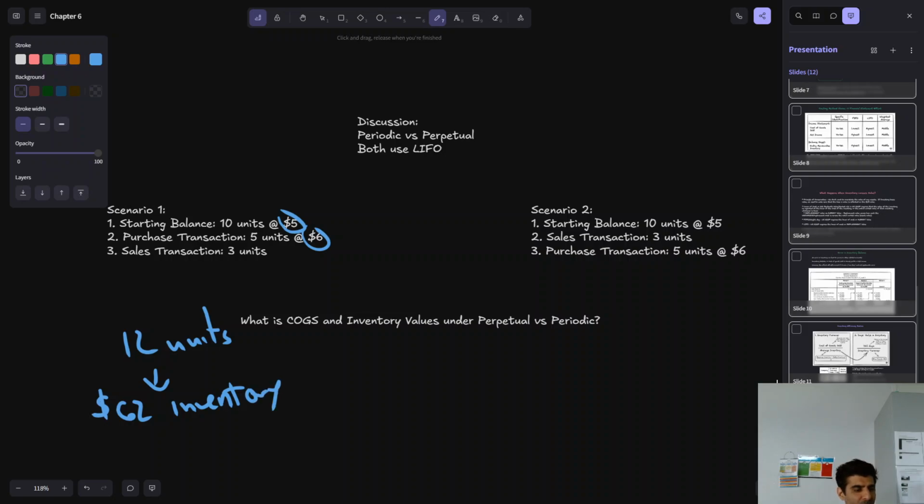And so what we would do is we take the beginning balance, $50, 10 times 5, plus your additions, which is $30, minus our ending balance of $62, equals our cost of goods sold, which is what? 80 minus 62 is $18 cost of goods sold.